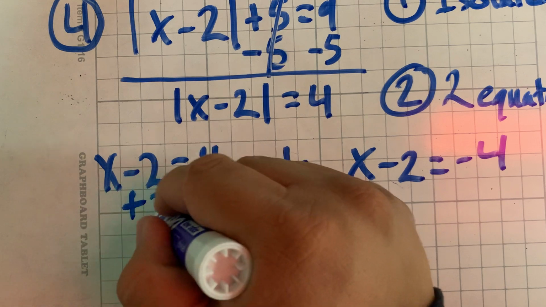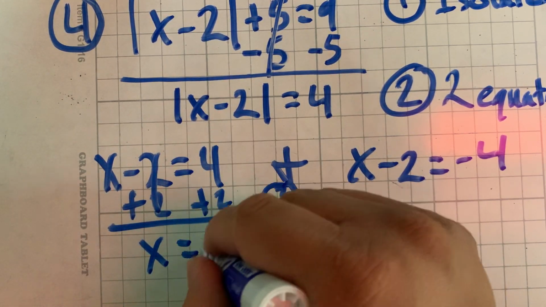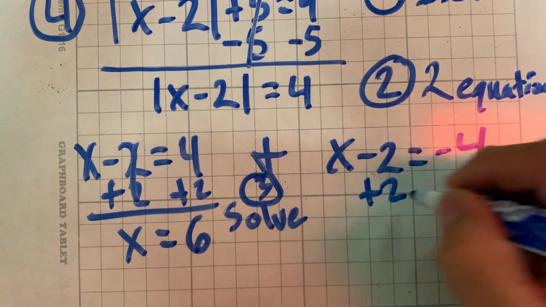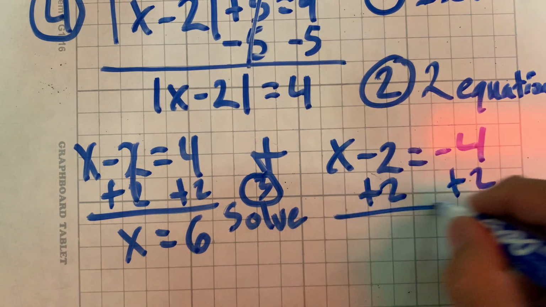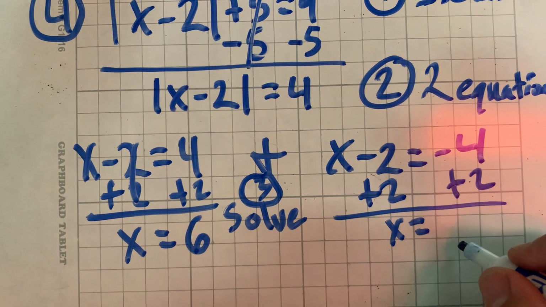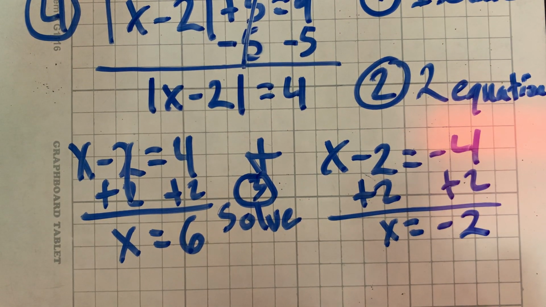I'm going to add 2 to both sides. x equals 6. That's for the first one. Add 2 to both sides here. And x equals, again, just because this is 6 doesn't mean this is negative 6. Negative 4 plus 2 is a negative 2.